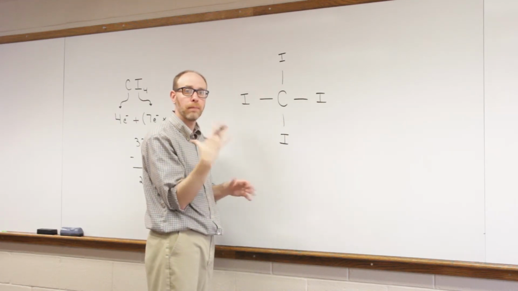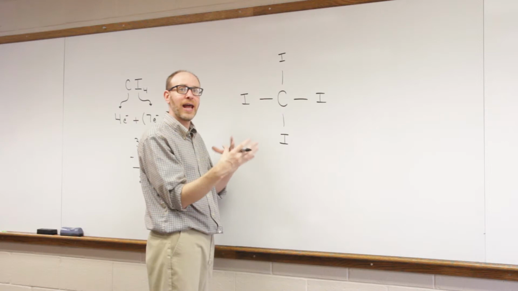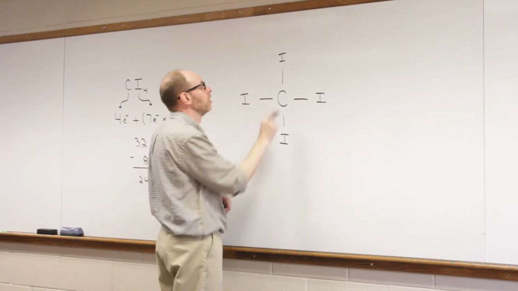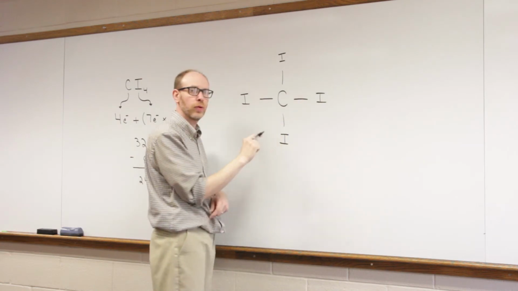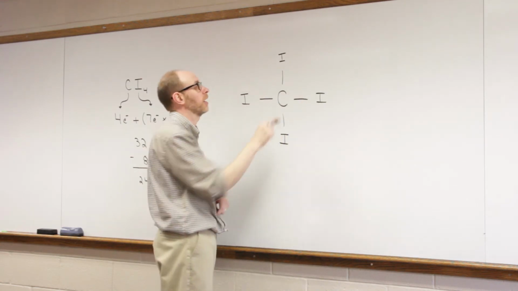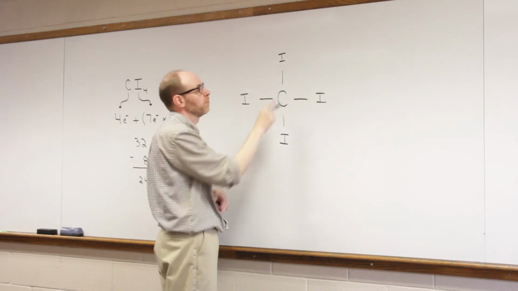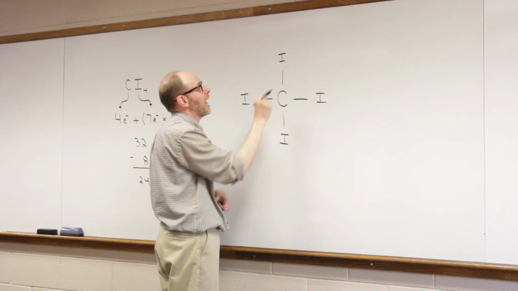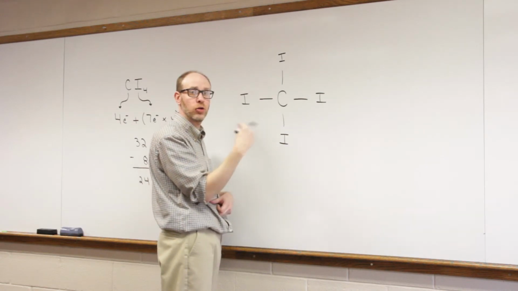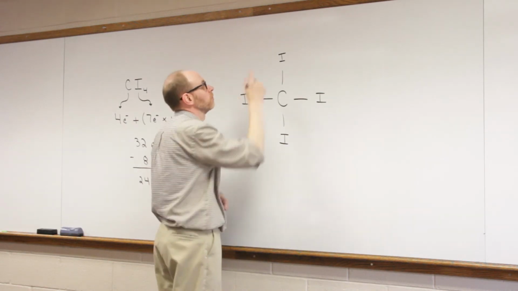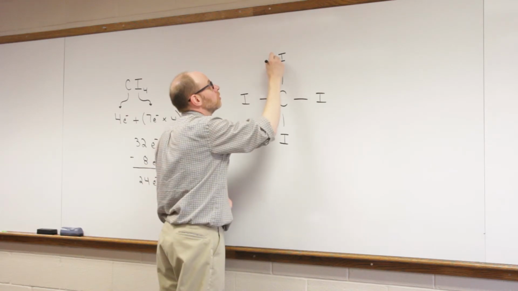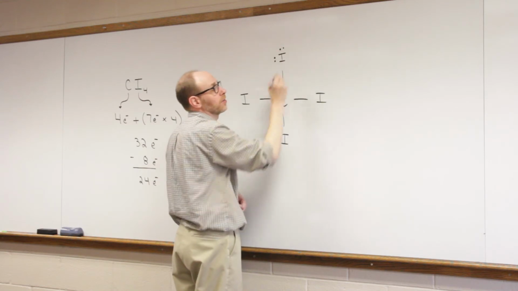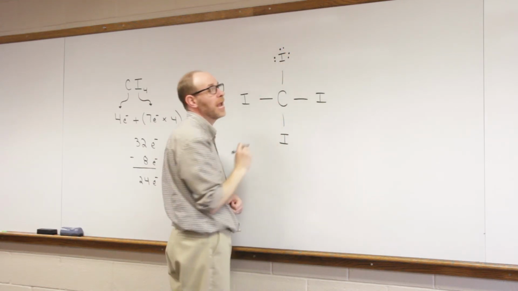And remember that bonding occurs so that atoms can have their 8 electrons, their full octet around them. So we want to make sure when we write this Lewis structure that all the atoms end up with an octet. So we're going to start with this iodine. It's got 2 electrons around it in the covalent bond. We're going to add electrons in pairs to that iodine until we end up with 8. So it's got 2. Now it has 4, 6, 8 electrons.